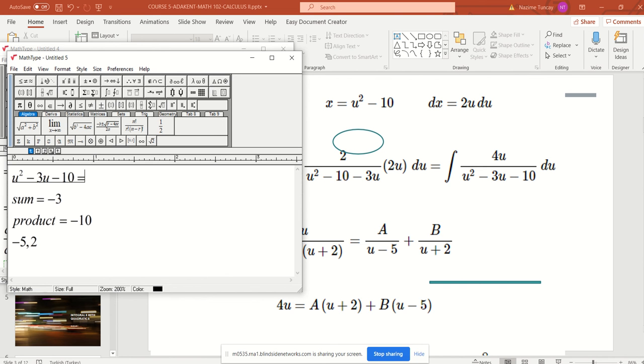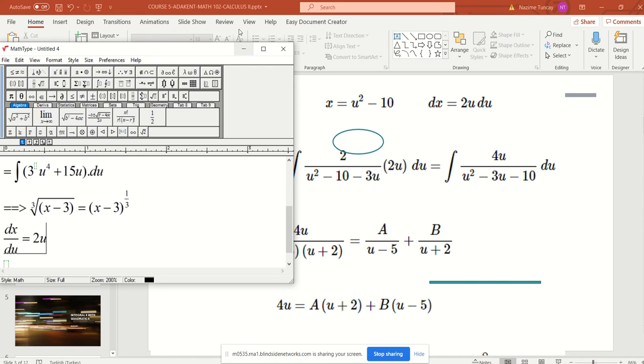So from this method, we find that this is u minus 5 and u plus 2. So this is just a second order equation, and we solved it like this.